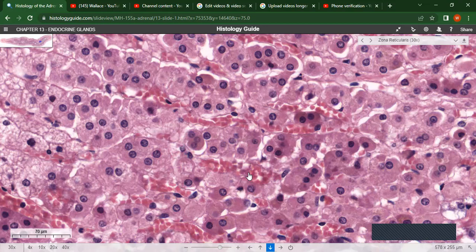It is produced in the testes in males. But you meet some females who have some male-like characteristics, like some are muscular. So that is due to the androgens produced in the zona reticularis.